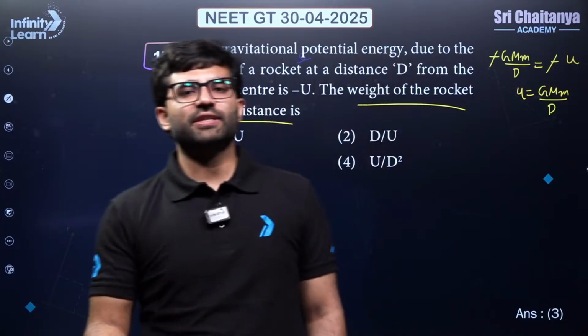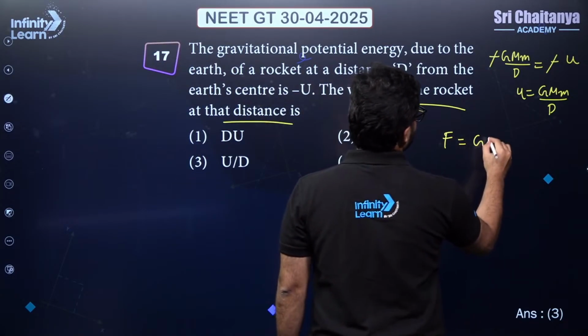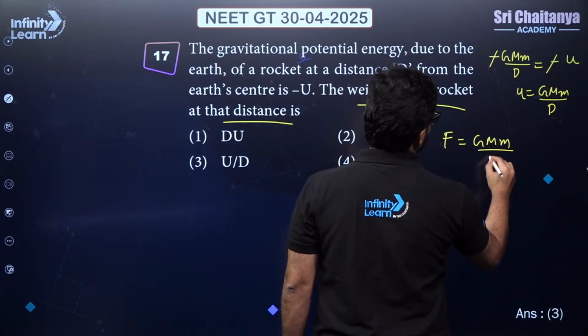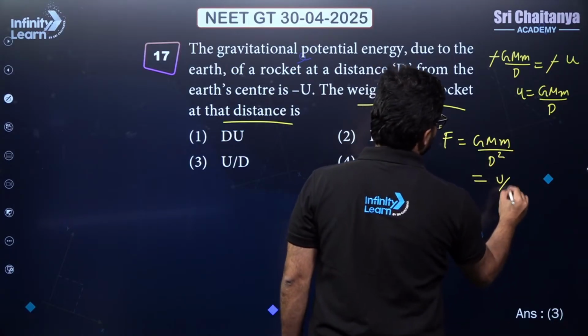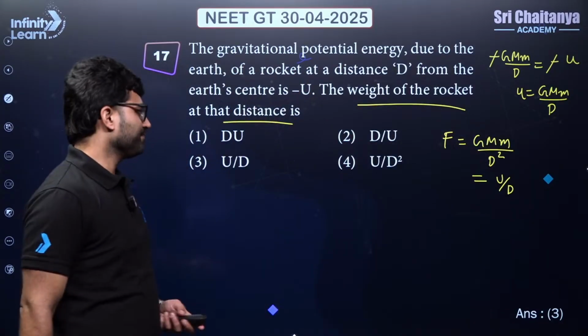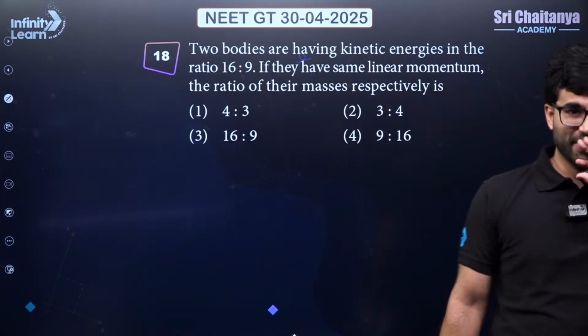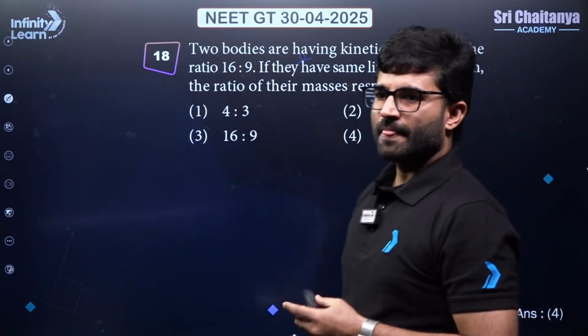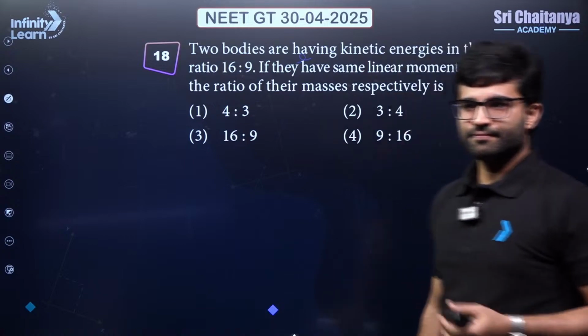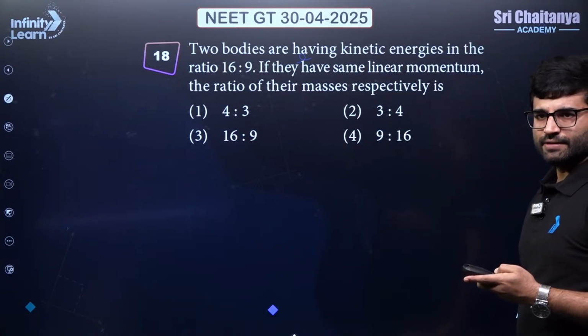It is nothing but the force which is exerted. So what is the force exerted? GMm by d square, or I can say U by d directly, because U is nothing but this. Clear? Any doubts? Let us move on to the next question.